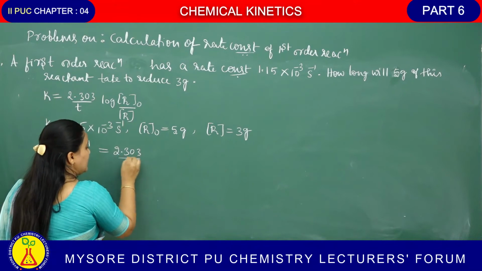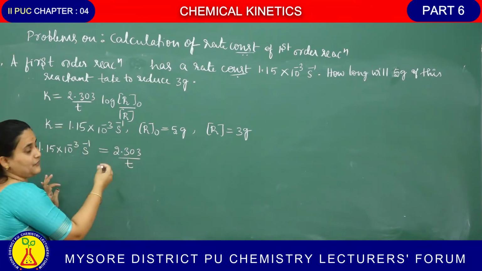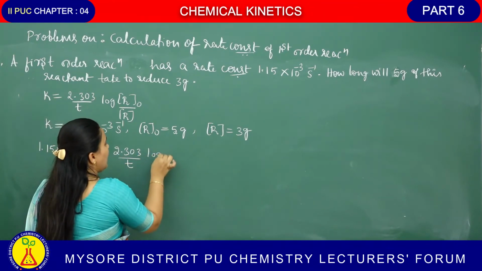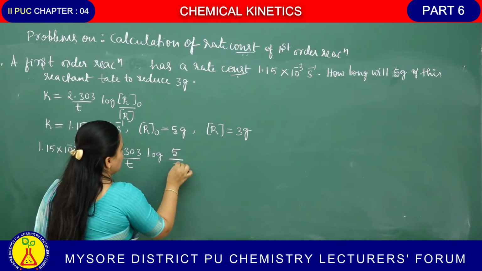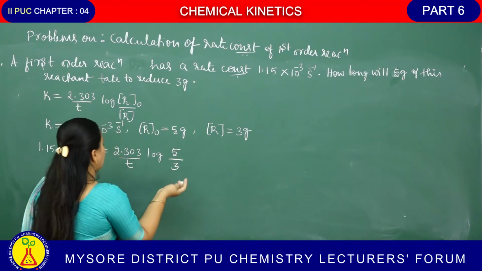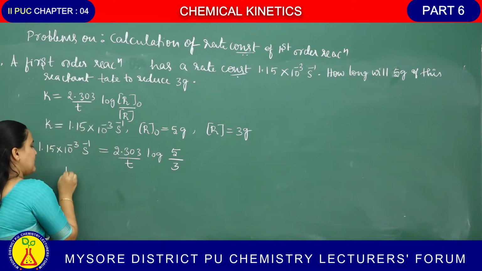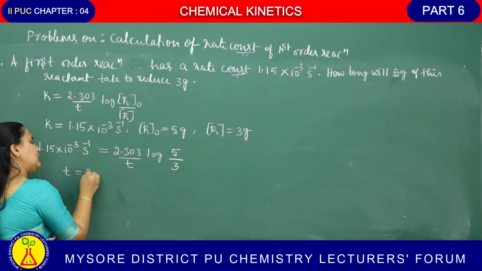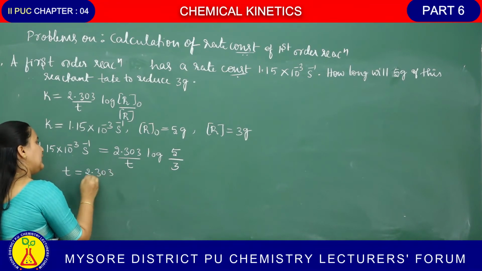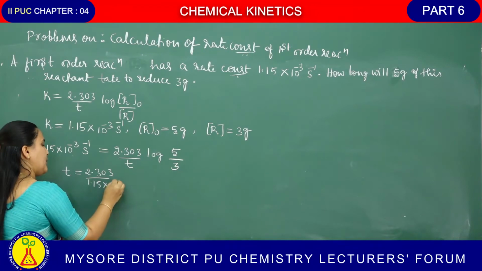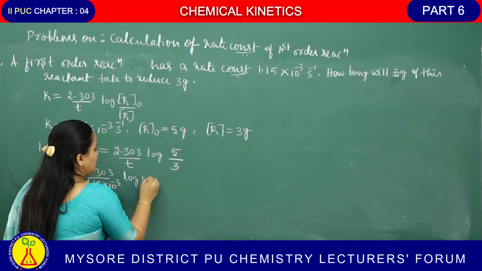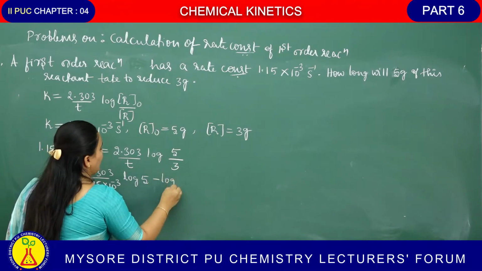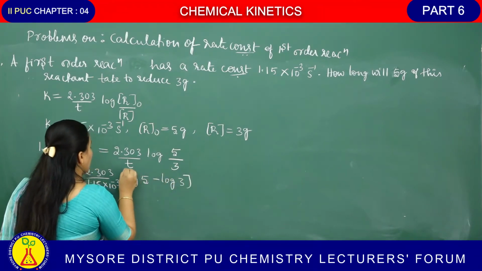2.303 divided by T. We have to calculate the T value, right? Log R naught value is how much? 5 gram. R is how much? 3. Again log m by n formula is there. Rearrange the above equation. T is equal to 2.303 divided by 1.15 into 10 power minus 3 log 5 minus log 3. Log m minus log n.